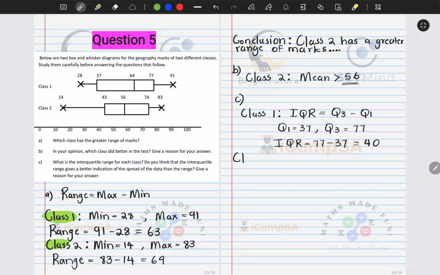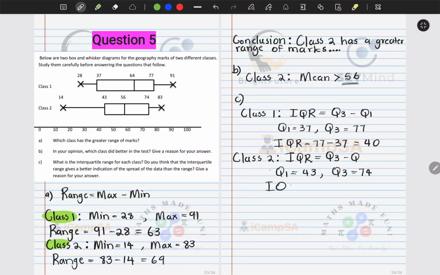So let's have a look at class 2. At class 2, your IQR is still the same. So maybe let's write it: interquartile range. You get it by doing Q3 minus Q1. So you will see that your Q1 there is 43 and your Q3 is 74. Okay.